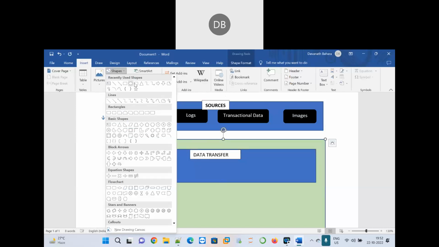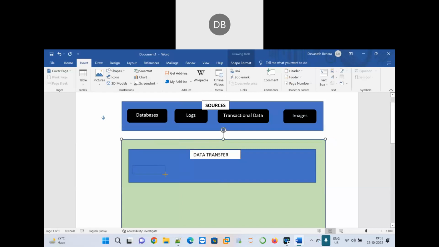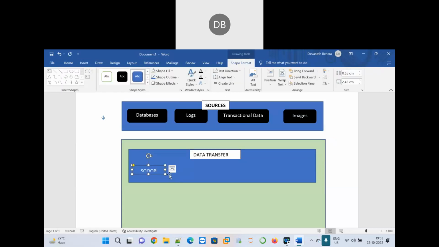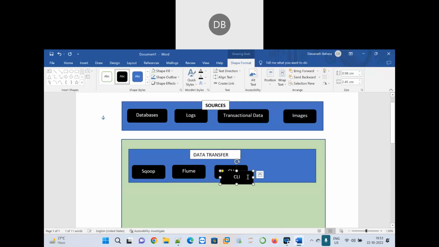Different components like Sqoop, then Flume, then any CLI environment, command line interpreter.